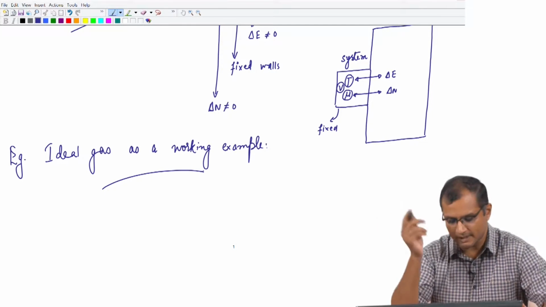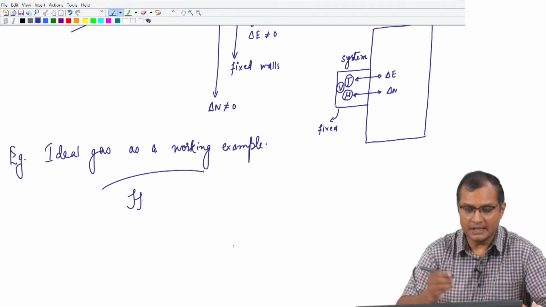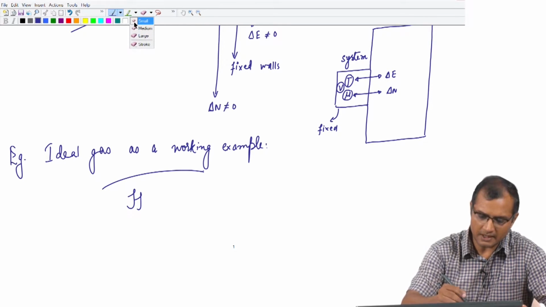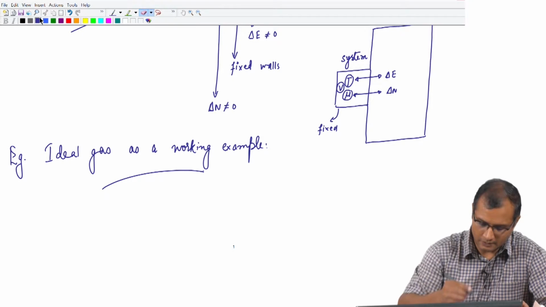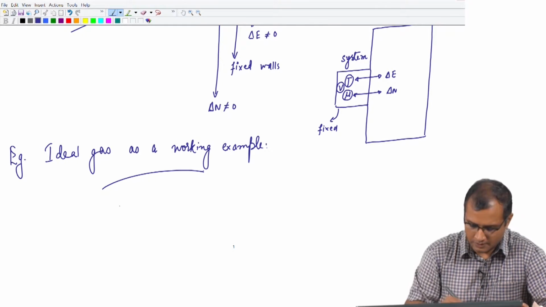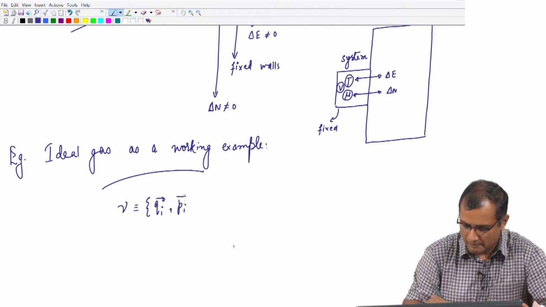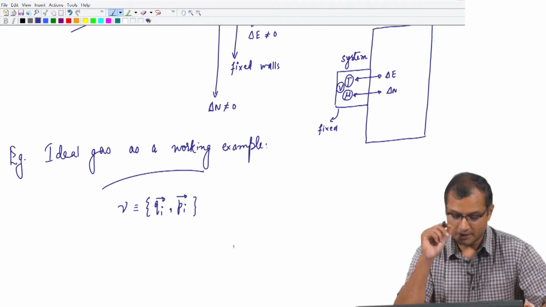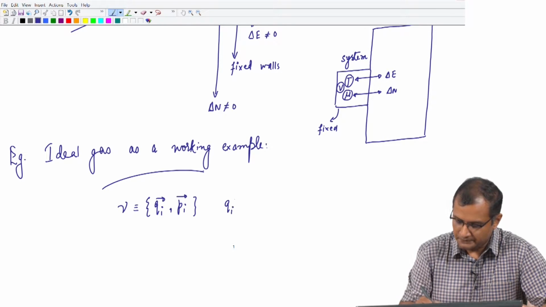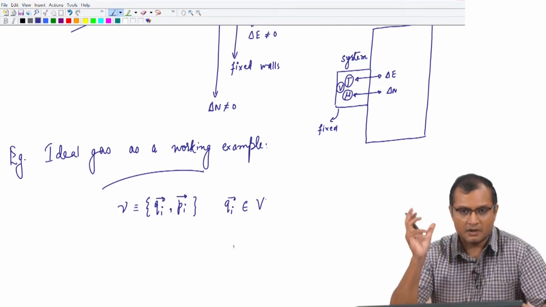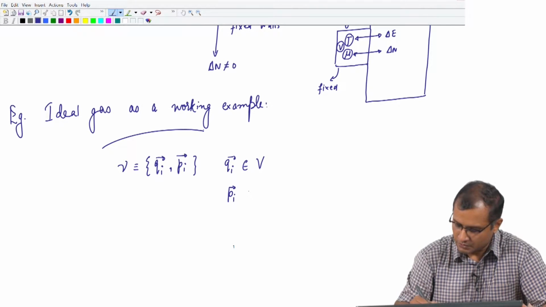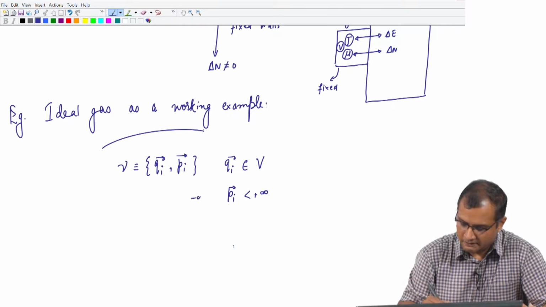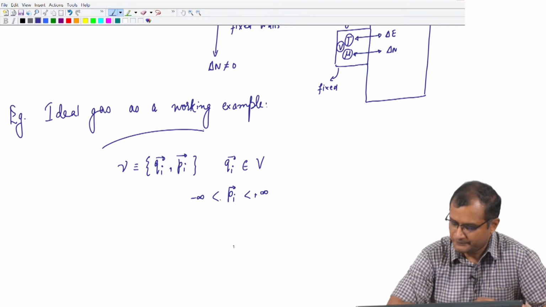Now, an ideal gas is basically a system whose microstate is represented at any instant as nothing but the set of positions and momenta, where the positions are all inside the box of volume V that does not move, and all the momenta are allowed to take values between minus infinity and plus infinity, the extreme values being excluded.